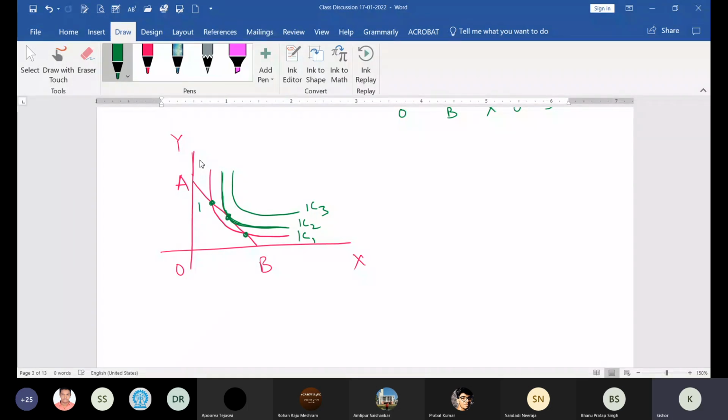Say point M, N, and suppose P. Now, as a rational consumer, what combination of X and Y are you going to purchase from M, N and P? Simple understanding. Which combination of X and Y are you going to purchase?